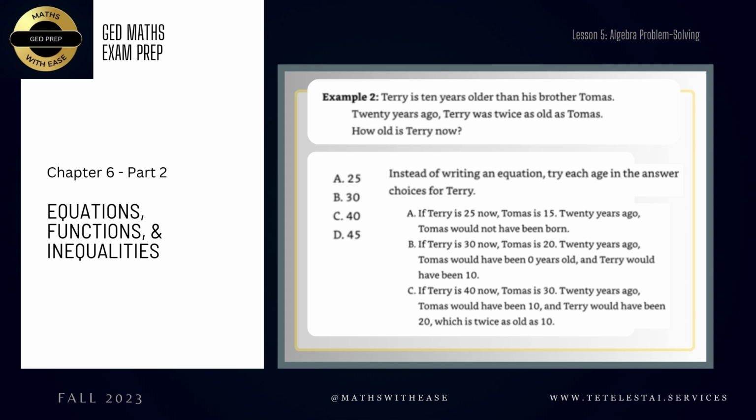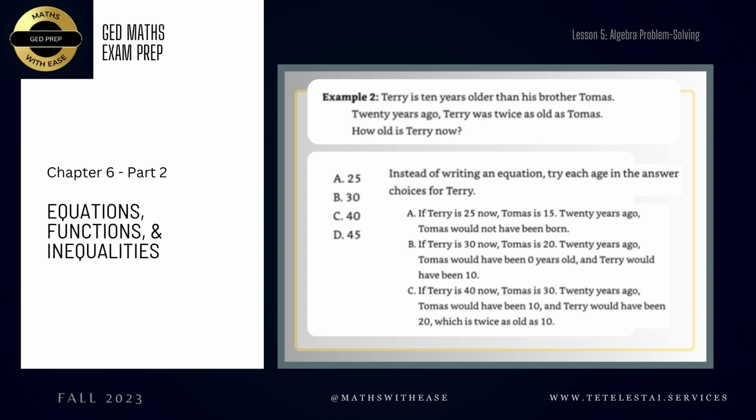And again, if it's easier, you can maybe use yourself and maybe your mom as an example. So whatever age your mom is today, whatever age you are today, right? If you had to go back in time 20 years, what age would your mom have to be twice as old as you are? That's what this question is telling you.